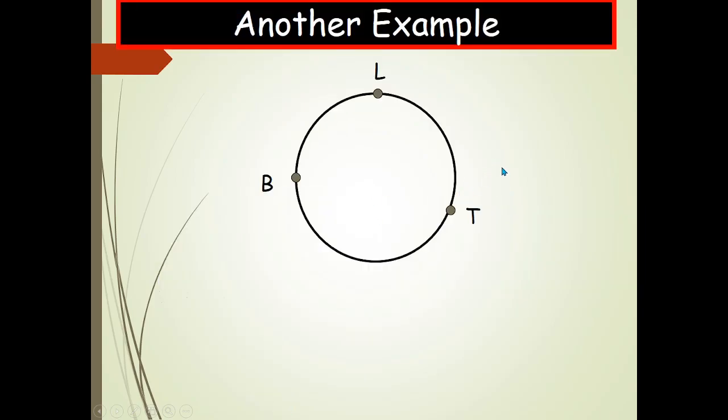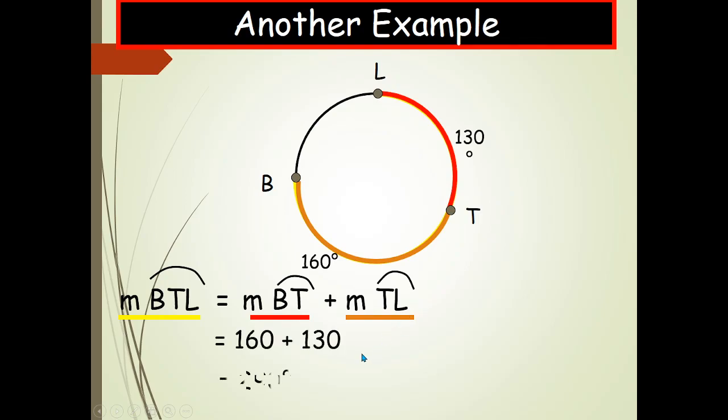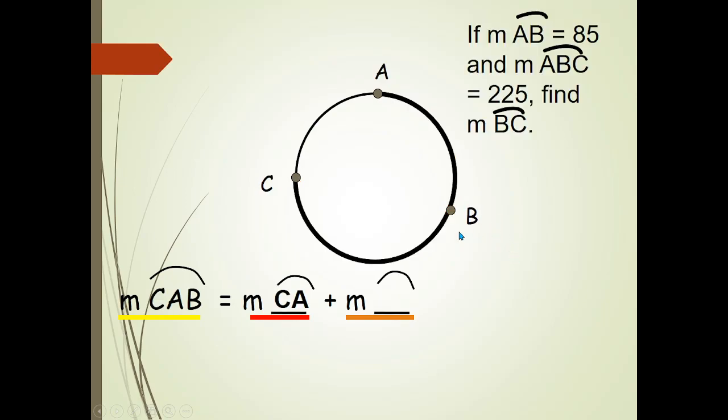Another example, so we have the measure of arc BTL is equal to the measure of arc BT plus the measure of arc TL. Assuming that these are the values, 160 plus 130 is equal to 290 degrees. One more example, so you complete this one.